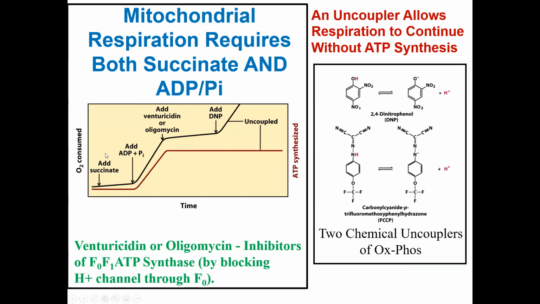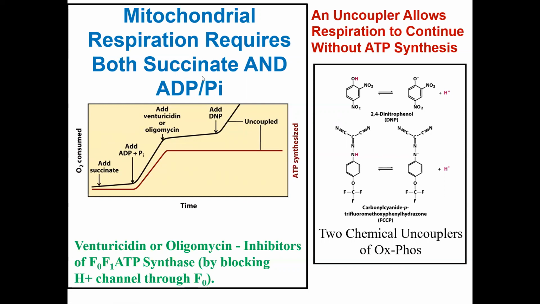But if you do not add any ADP and inorganic phosphate, succinate alone will not be able to actually fire up the respiration or ATP synthesis, right? So the mitochondria that is given succinate can respire and synthesize ATP only when there is ADP and inorganic phosphate added.